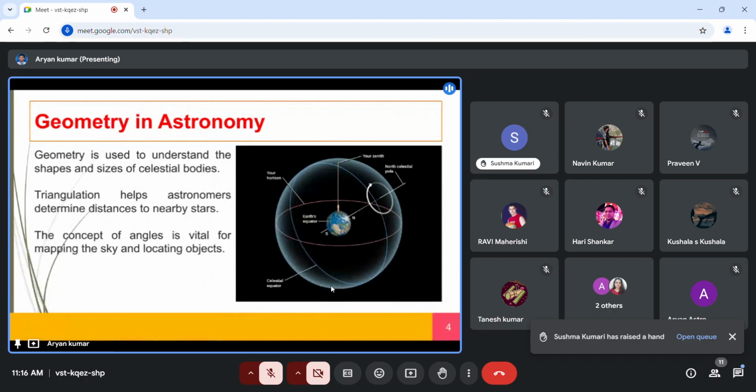As you can see in the picture given, this is used for mapping the sky and locating objects. So what is geometry in astronomy used for? That would be mapping or determining where a star is.